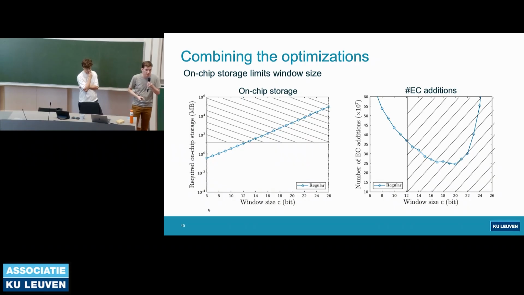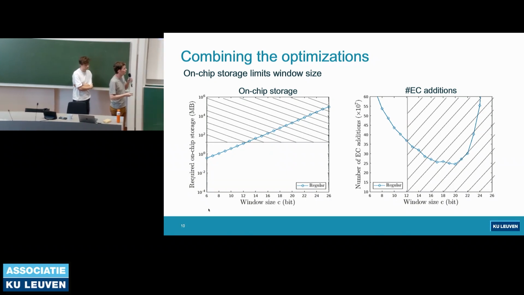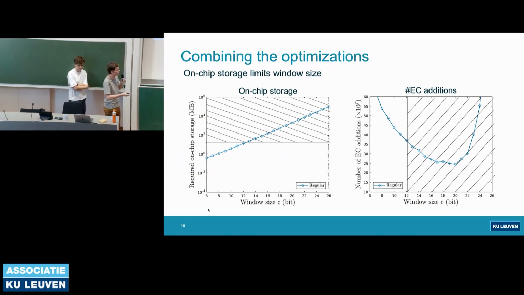If we now look at what we were doing, we wanted as few elliptic curve point additions for one multi-scalar multiplication as possible. Then we can first look at the figure on the right, where none of these optimizations were applied yet. And there we see that if you're increasing the window size, first the number of elliptic curve point additions drops, but later we see an exponential rise as the aggregation starts to kick in.